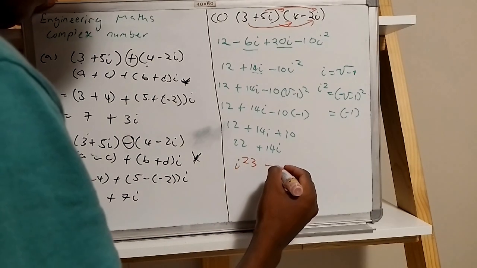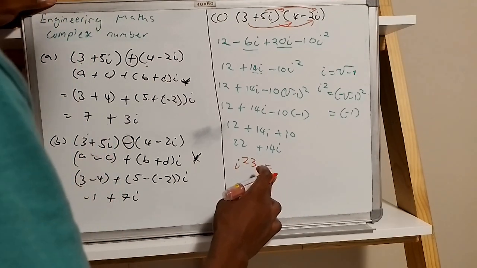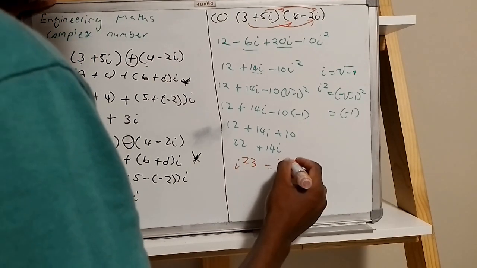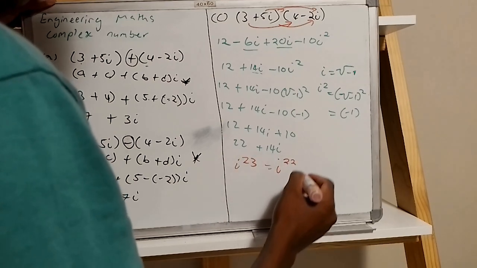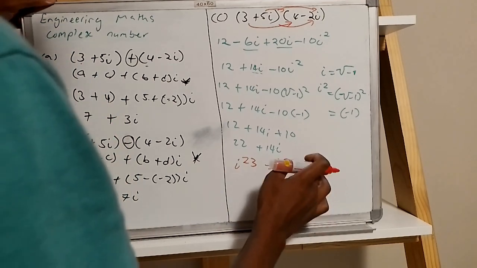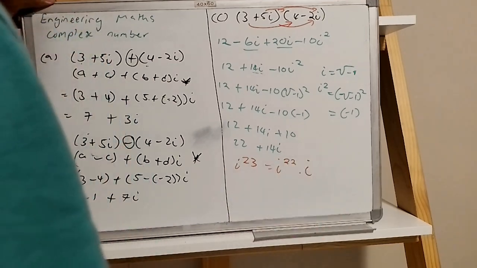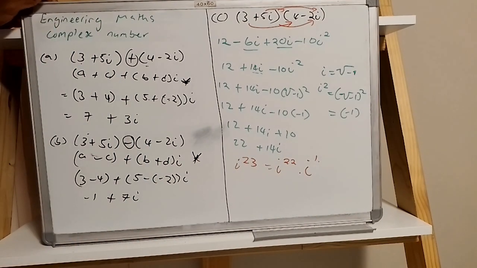If I have something like this, I can split it as i to the power 22 multiplied by i, by the laws of exponents. When I add these exponents, it gives me i to the power 23.